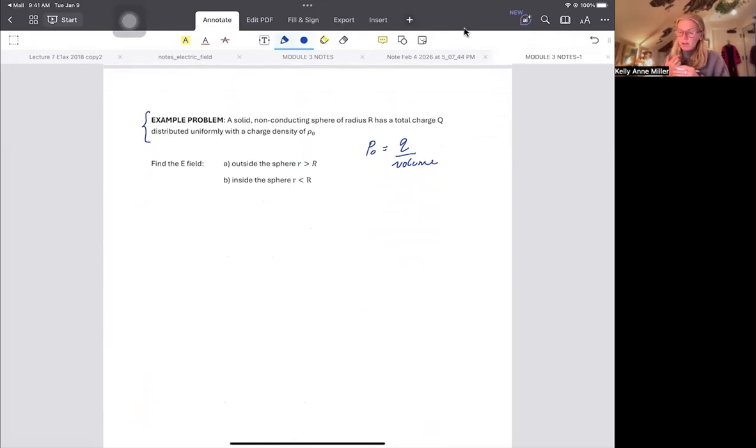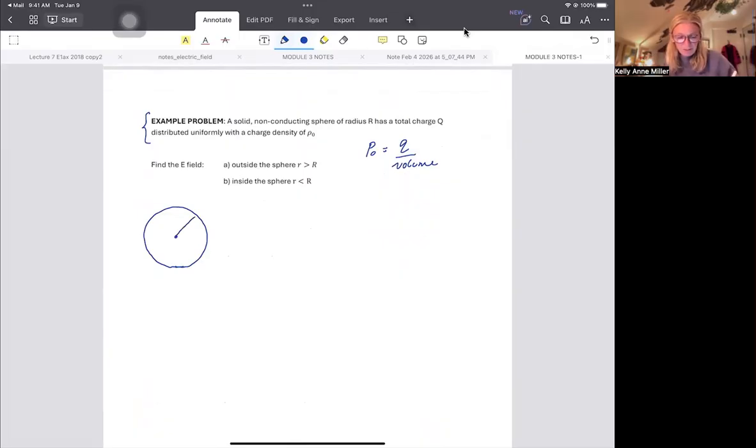Okay, so let's do outside the sphere first. Let's draw it. So that's my sphere. It's up to you how you define it. Let's call the radius of the sphere capital R, because in this problem, it defined it.